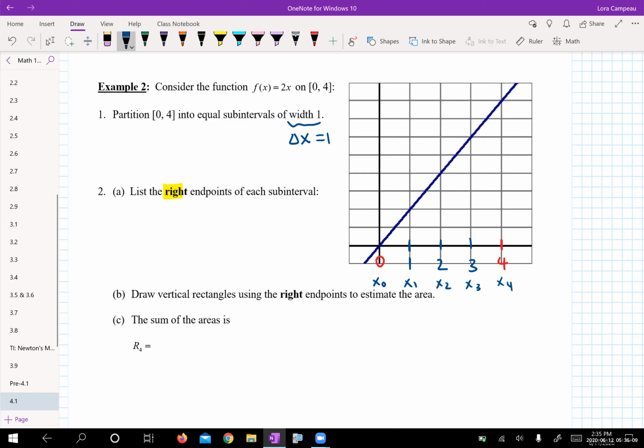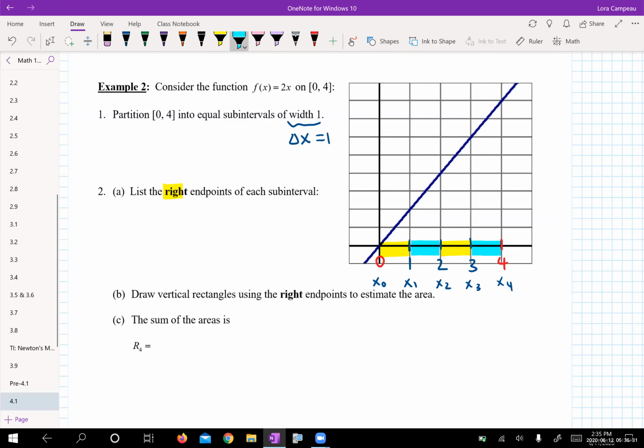But we have to be extremely careful because they want us to look at the right endpoints of each of these subintervals. And so remember, I have a subinterval from 0 to 1, 2 to 3, and I'm just alternating colors so that we can refer back to them later.